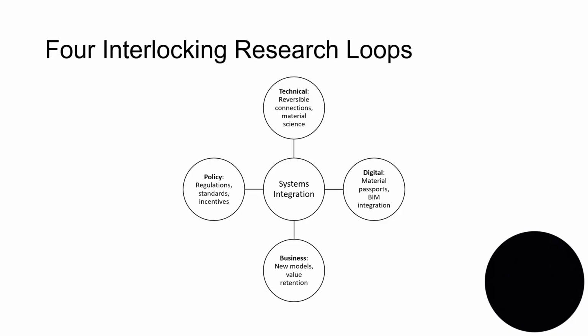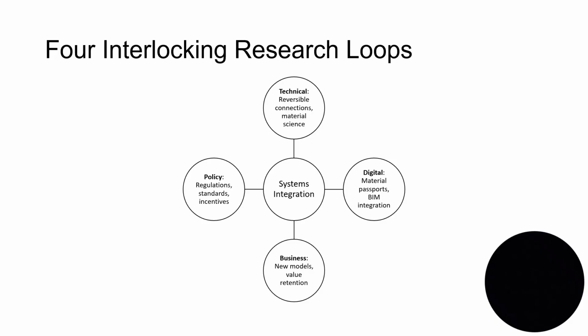Therefore, our research examines circularity through 4 interlocking loops. The first one, we call it the technical loop, which is developing reversible connection systems and material passports. The second is the digital loop, which is creating BIM protocols for component tracking through multiple life cycles.